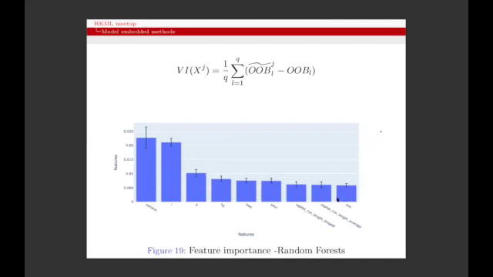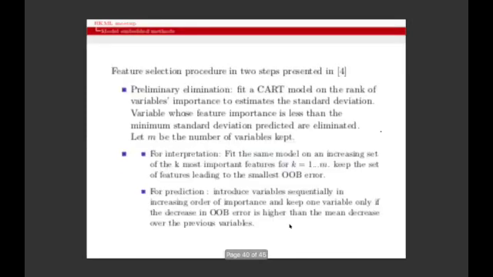The feature importance derived from random forest was really different from the one obtained with logistic regression coefficients or point-biserial correlation with the target variables.